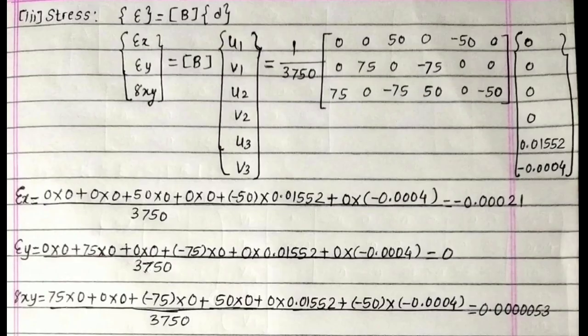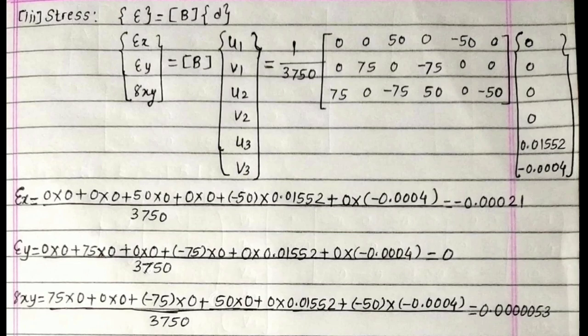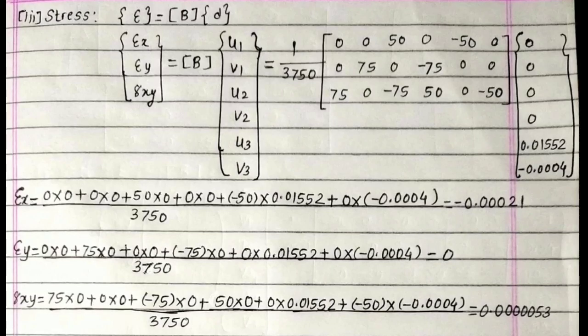Now I will calculate the value of stress, but before calculating the stress I need to calculate the value of strain, that is epsilon, and strain is given by matrix B into displacement, that is delta. So strain epsilon x, epsilon y and gamma xy is given by matrix B into u1 v1 u2 v2 u3 v3.